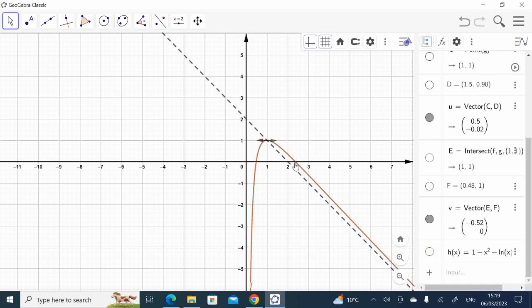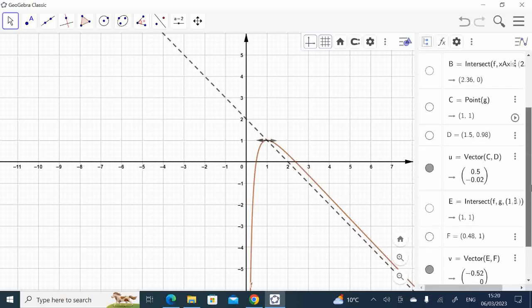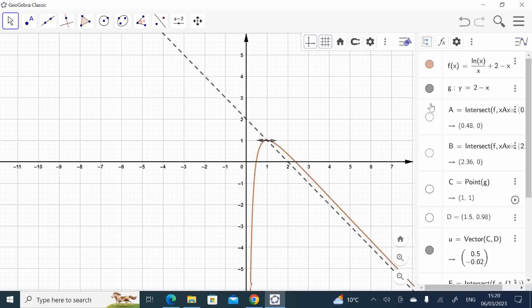So these points are here. This is A with abscissa alpha and B with abscissa beta. Okay, I guess now the graph is more clear.